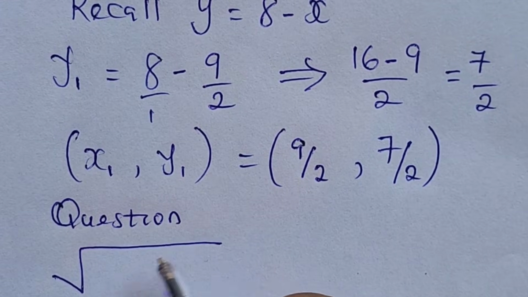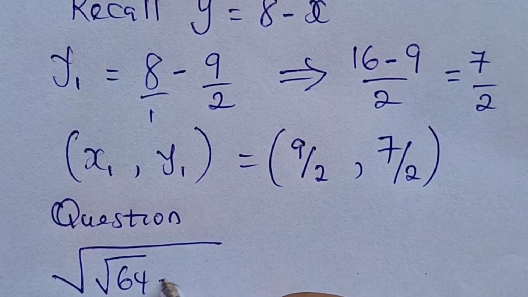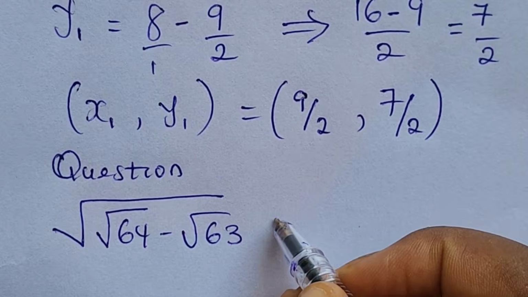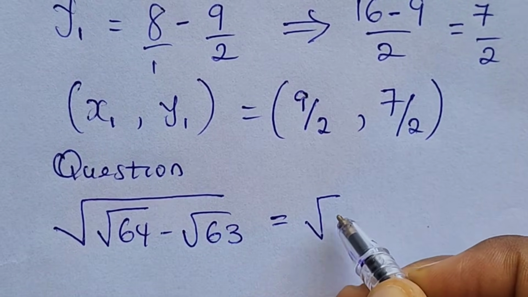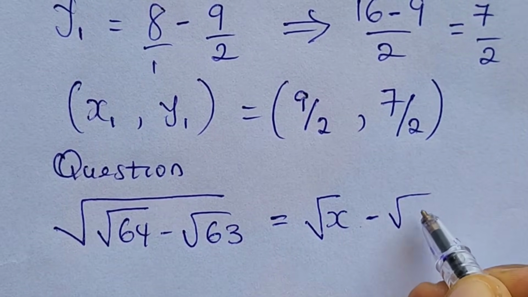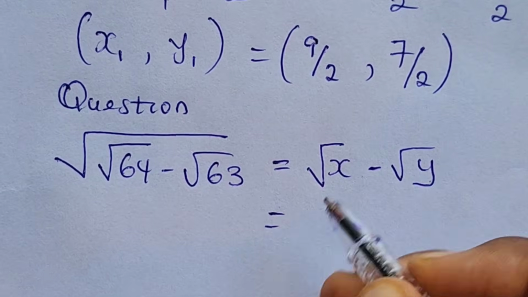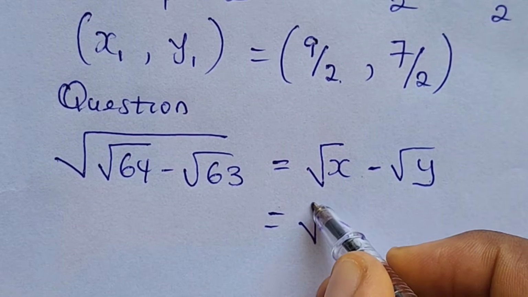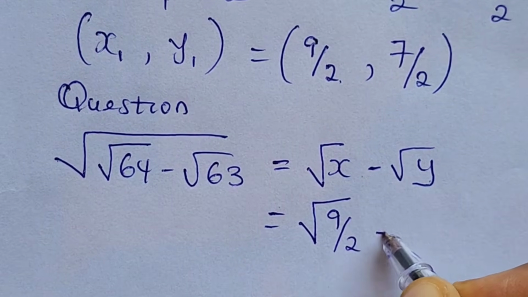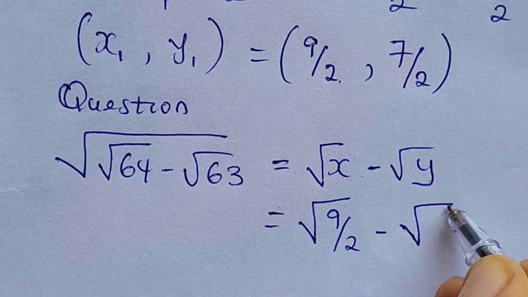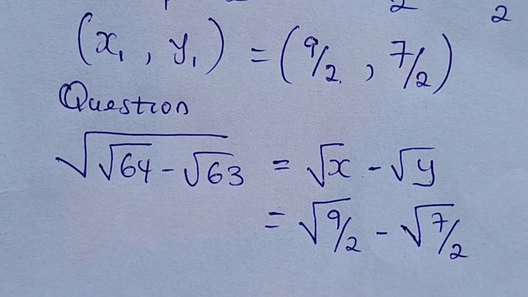We have the square root of root 64 minus root 63, which we equate to root x minus root y. So our x is 9 over 2, so we have root 9 over 2 minus root 7 over 2.